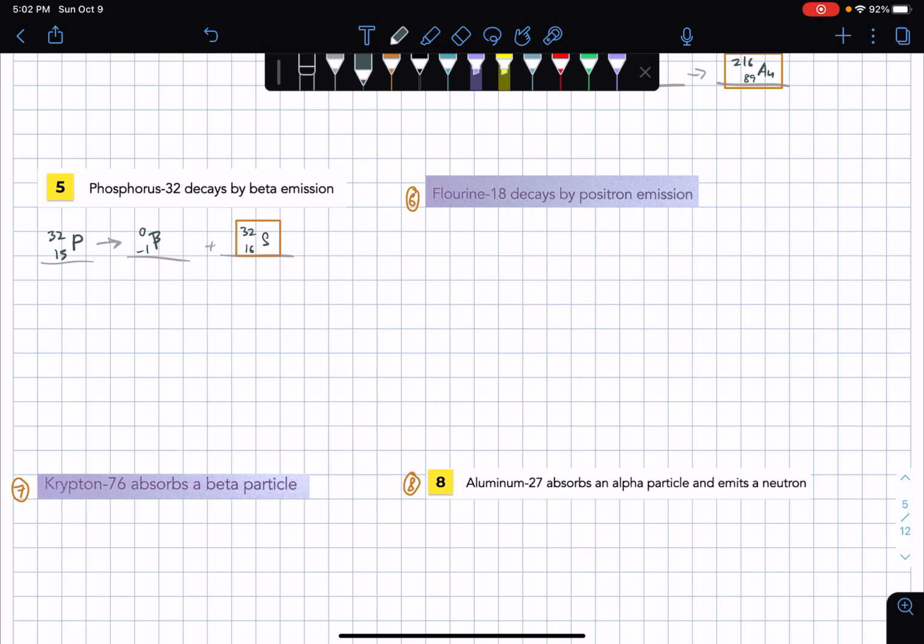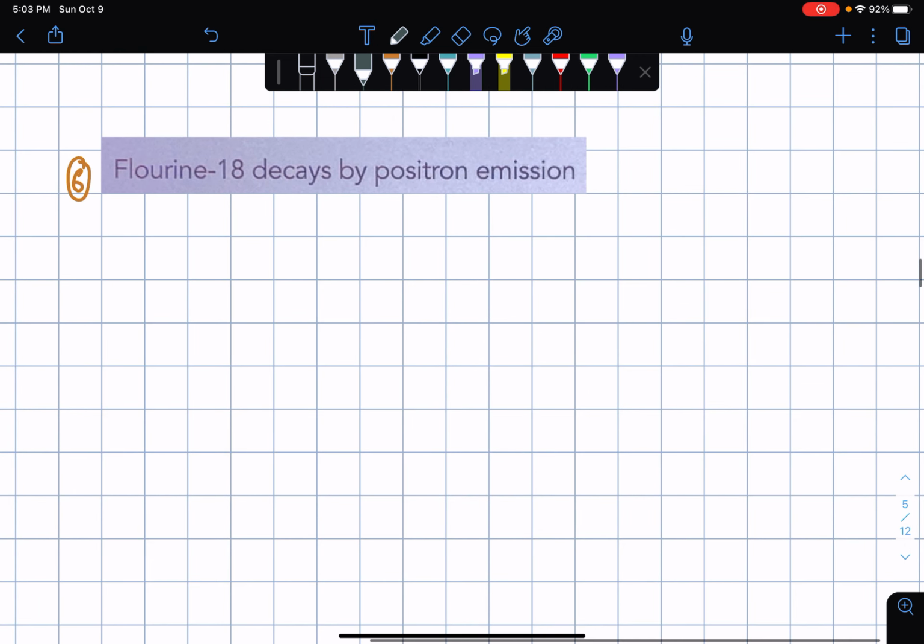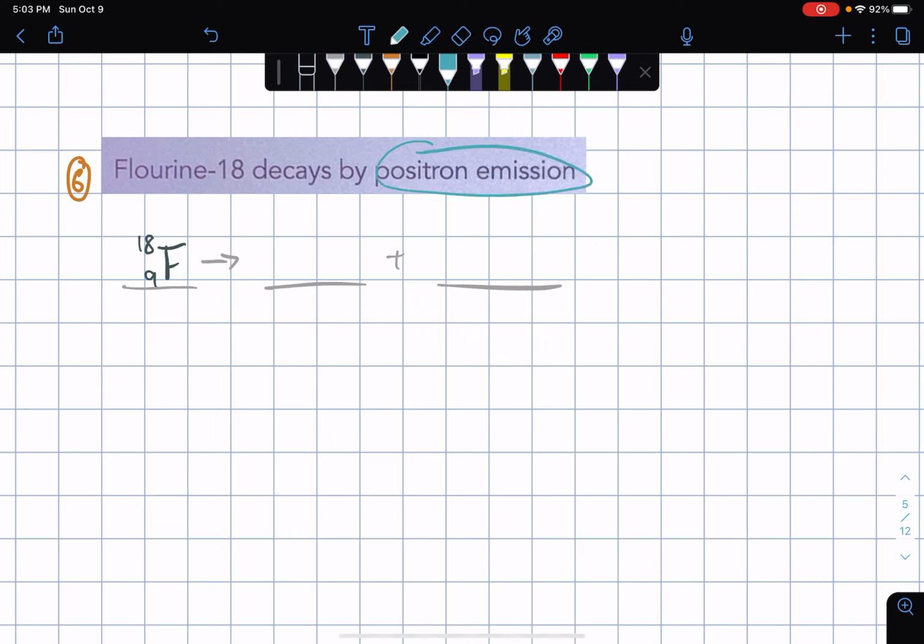Right. For number 6, fluorine-18. I'm not sure if it's supposed to be FL or F. Anyways, it decays by positron emission. The symbol for positron emission is like this one. So we write here the symbol for positron emission.